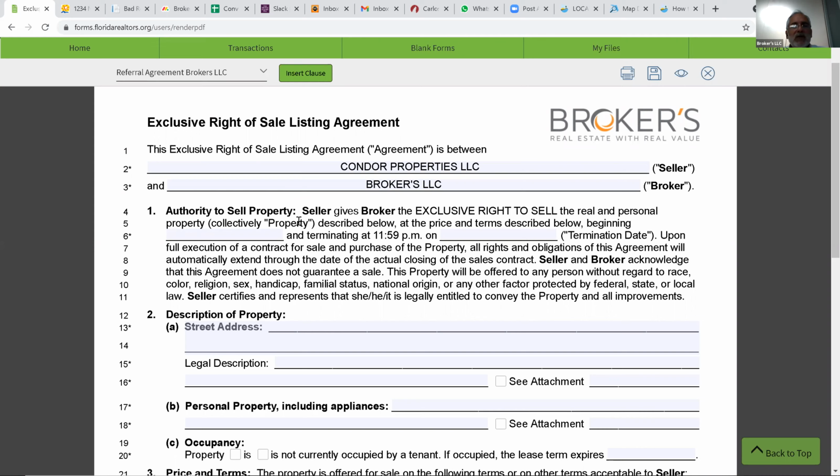If you try to get a listing for 1 year, the first thing coming into the seller's mind is that you're not going to do a good job, because if you need 1 year to sell a property, probably you're not going to do good advertising or pay much attention to it.